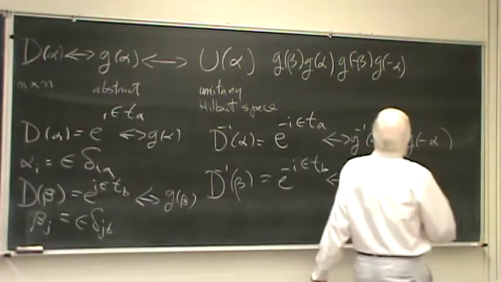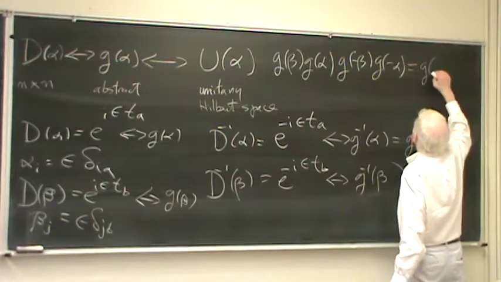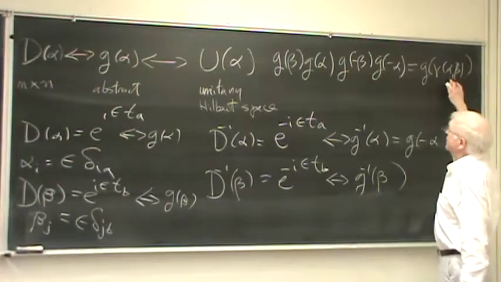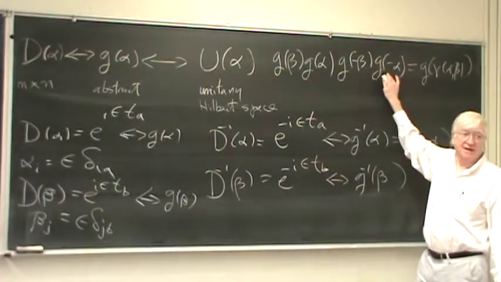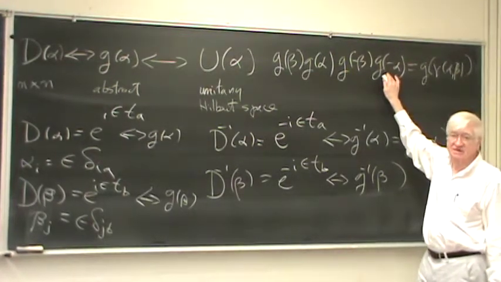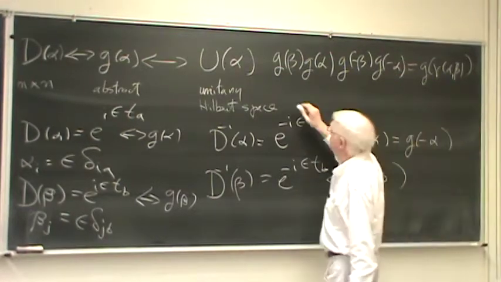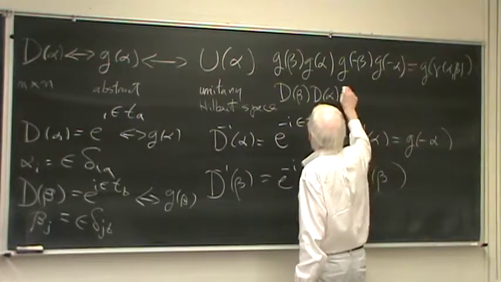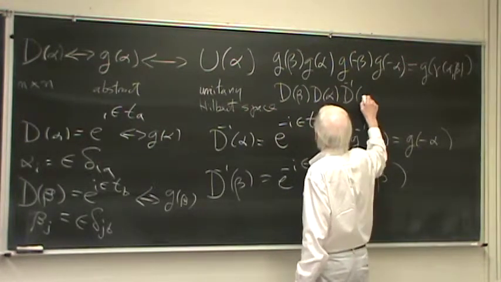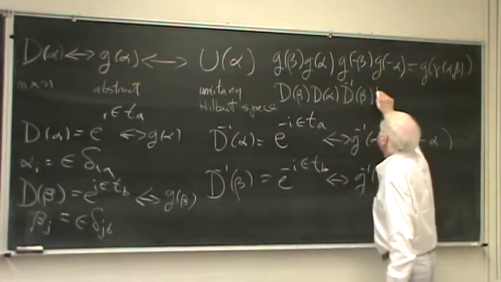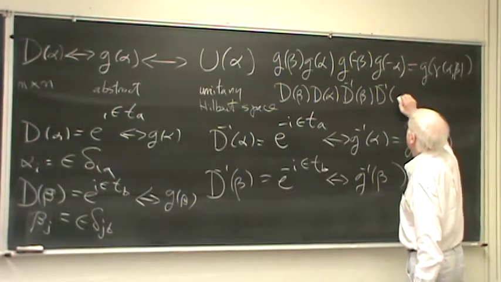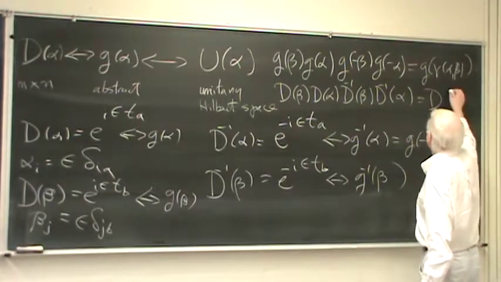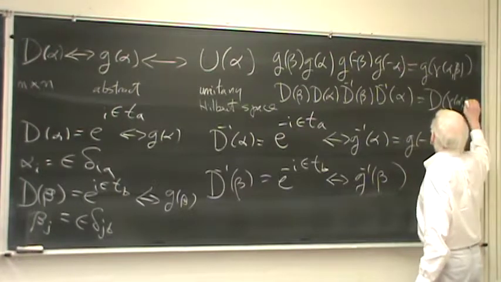Over here, I'm going to say that this is G of gamma of alpha and beta, and this gamma refers to this particular product of 4 abstract group elements. And then, consequently, the matrices D of beta, D of alpha, D inverse of beta, D inverse of alpha, or equivalently D of minus alpha, D of minus beta, have to be D of gamma of alpha and beta.